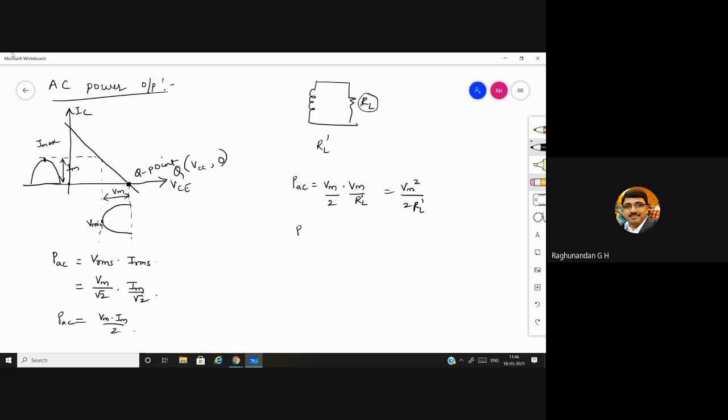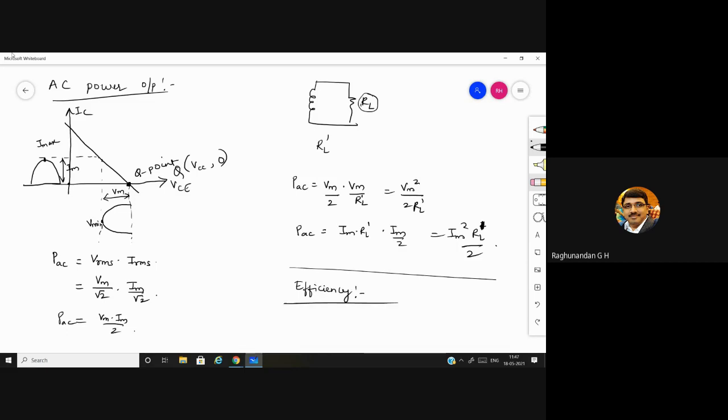In the same way, if I want to write this equation in terms of current, Im into RL dash into Im by 2, that is equal to Im square RL dash by 2.